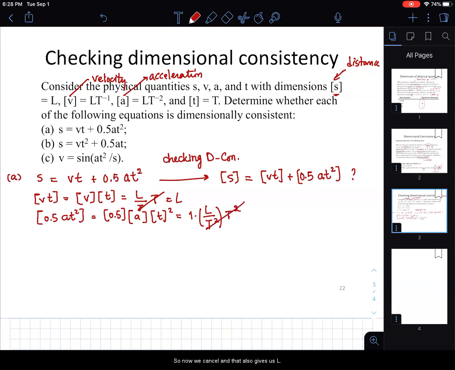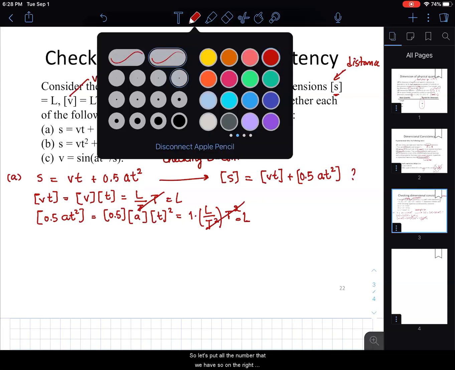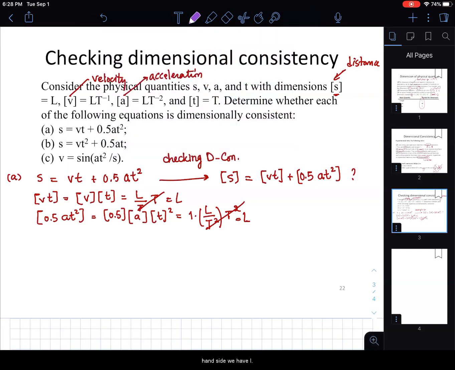Now we cancel, and that also gives us L. Let's put in the results. On the left-hand side we have L. On the right-hand side we have L and L. Each term has the same dimension, so this is a good check, and the left-hand side also has the same dimension. So yes, it is dimensionally consistent.